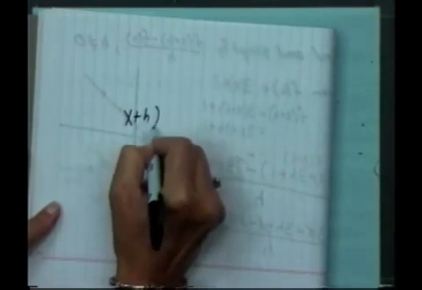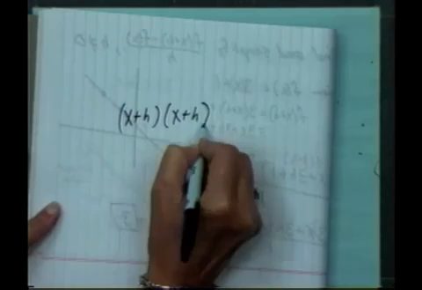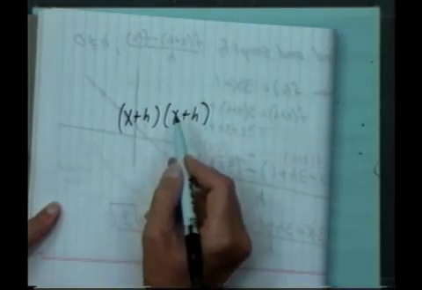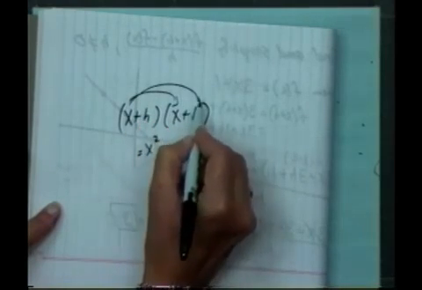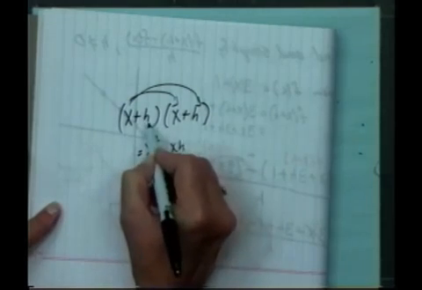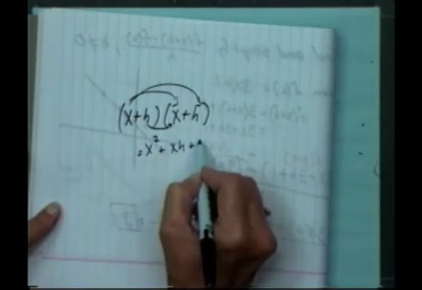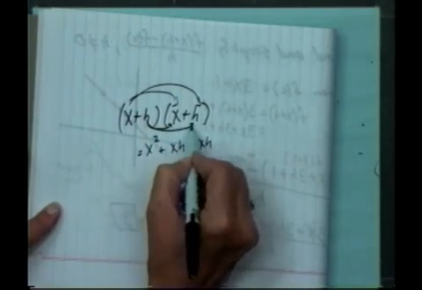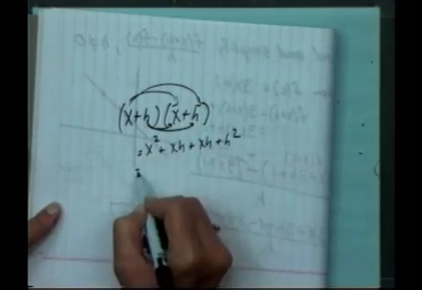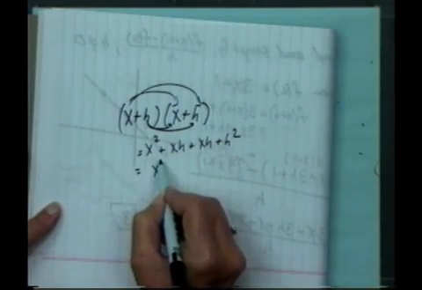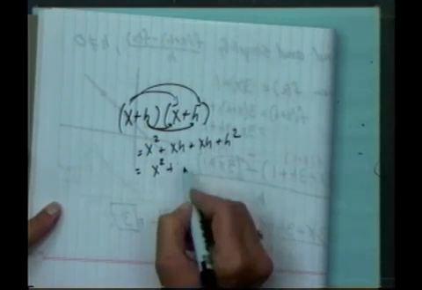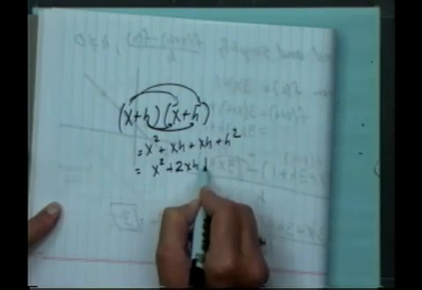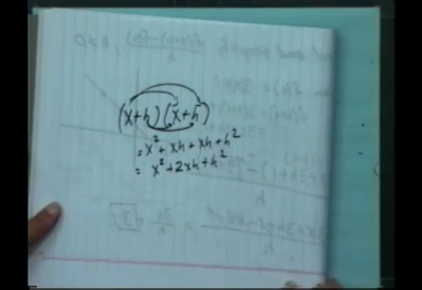Let's do our little FOIL, first, outer, inner, last. X times x is x squared. X times h is xh. H times x is another xh. H times h is h squared. So it's x squared plus 1xh plus 1xh, which is 2xh, plus h squared.